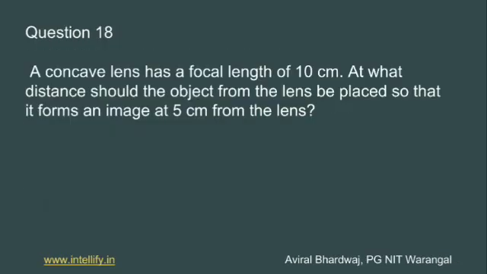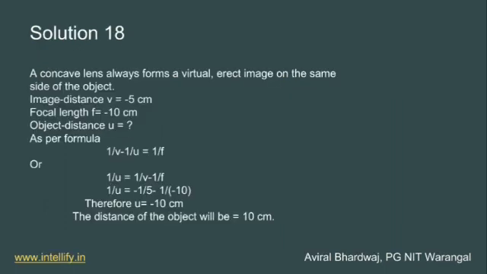And next, question 18. A concave lens has a focal length of 10 centimeter. At what distance should the object be placed from the lens so that it forms an image at 5 centimeter from the lens? Firstly, you know that a concave lens always forms a virtual and erect image.